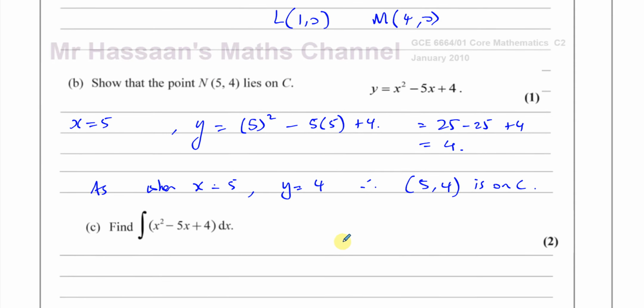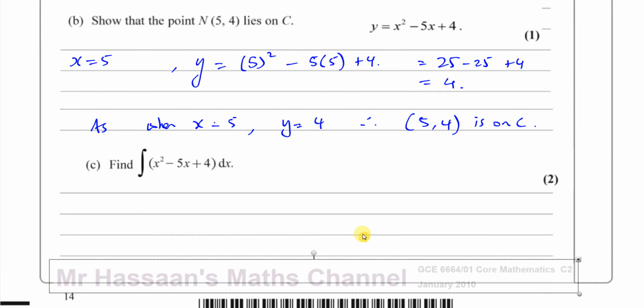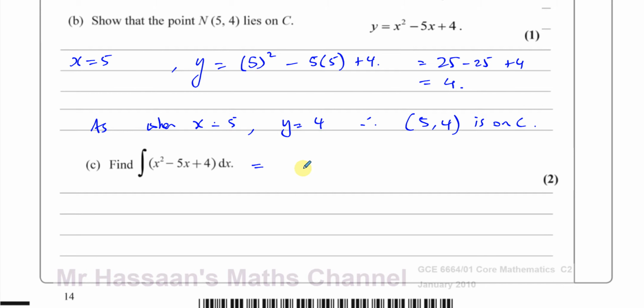Now for part C, it says find the integral of this expression x squared minus 5x plus 4, which happens to be the same equation as the curve, but we need to find the integral of this. So to find the integral of this, what we need to do is take the power, add 1 to the power and divide by the new power.